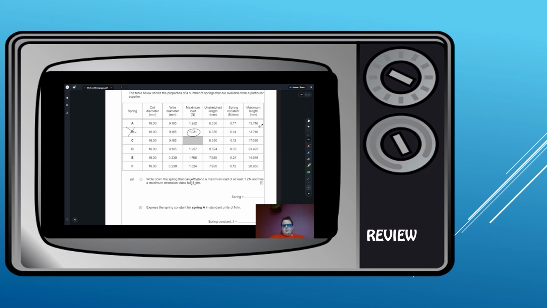So if you look just roughly without doing a calculator, that's roughly 7, that's roughly 7, that's 11, that's roughly 14, that's 7, and the bottom one is going to be 13. In fact, nearer 12. So that's got to be spring D.